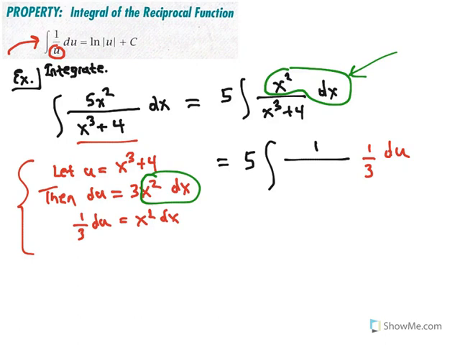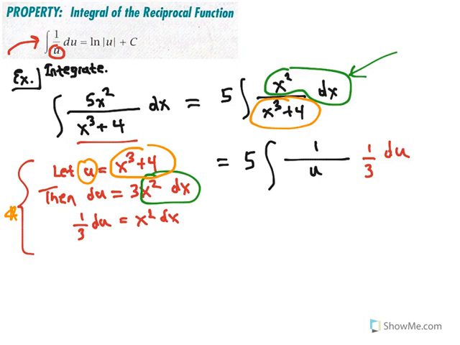And I still have x cubed plus 4 in the denominator. I misspoke earlier, but what is x cubed plus 4? Using our u substitution, x cubed plus 4 is u. Remember, this is called the change of variables step.